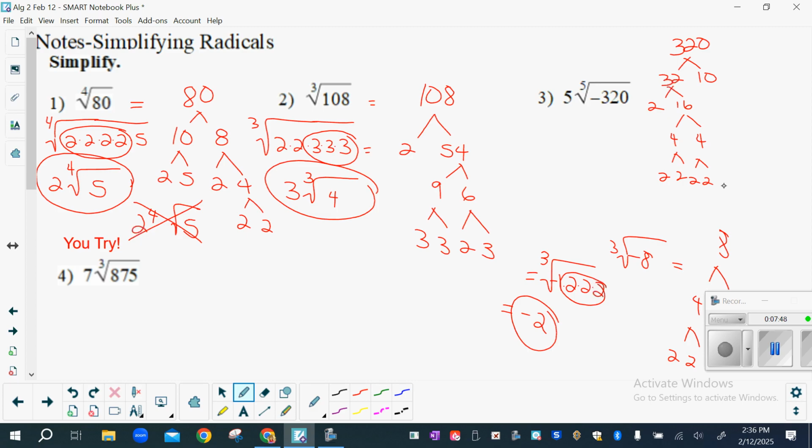So I have 5th root of negative 1 times 1, 2, 3, 4, 5 2's, and then multiplied by 2 times 5, actually 6 2's: 1, 2, 3, 4, 5, 6 2's, and then a 5.